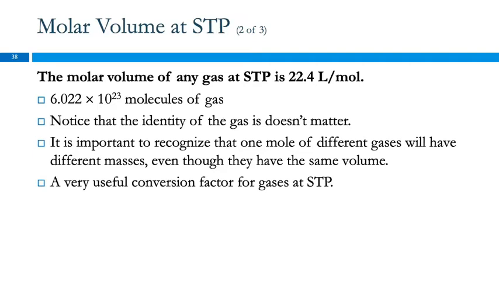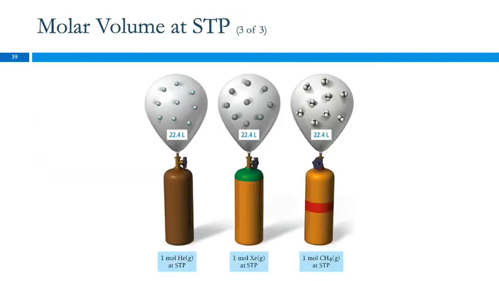So this is a very useful conversion factor for gases. Only works at STP. Here's a picture. So we have 3 balloons here. The volume of each is 22.4 liters. At STP with helium, that would be 1 mole of helium.